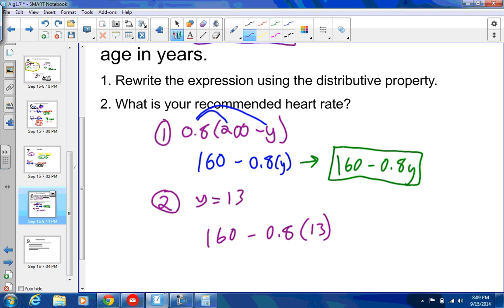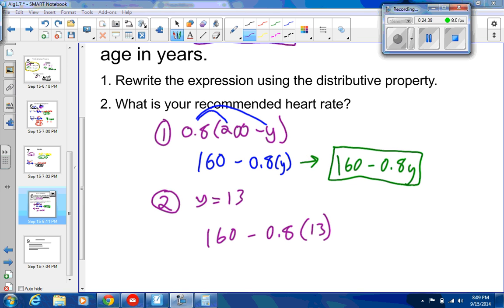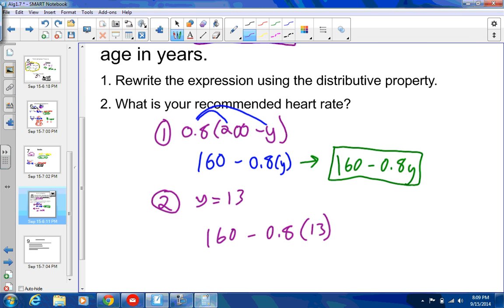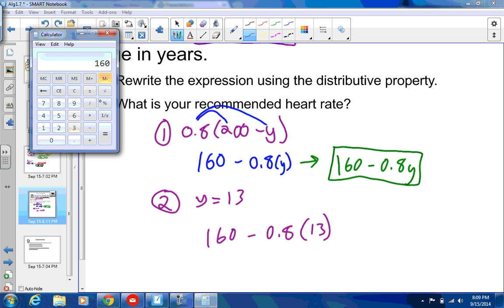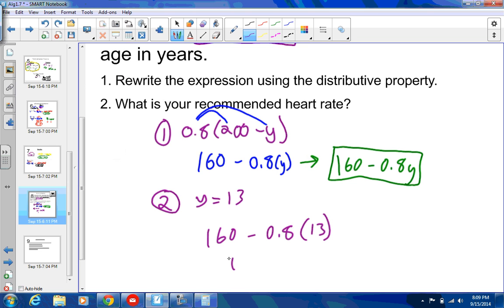And if you do that, 0.8 times 13 is 10.4. So you have 160 minus 10.4 equals 149.6.